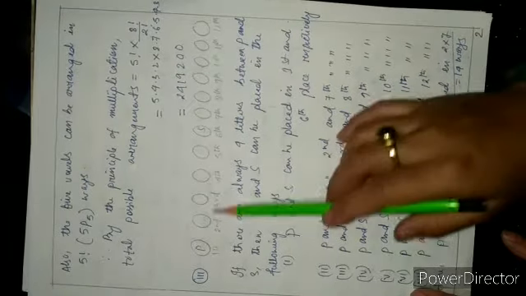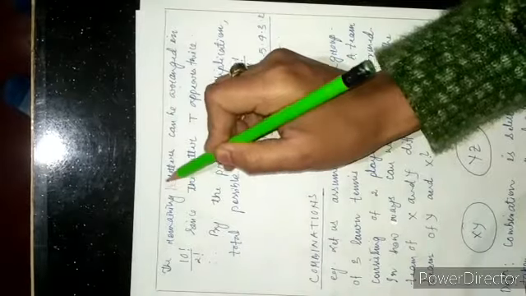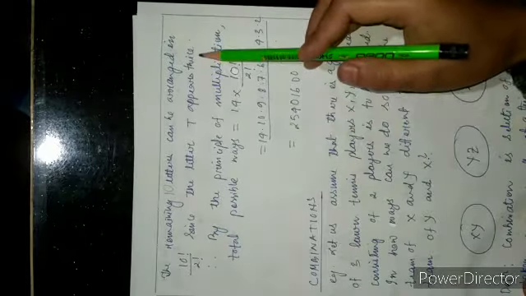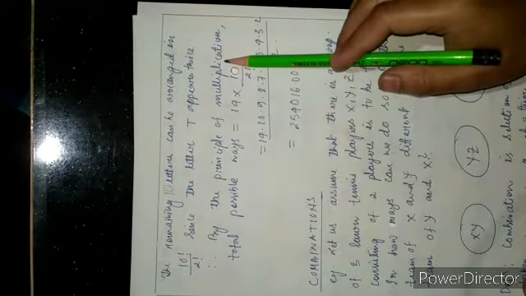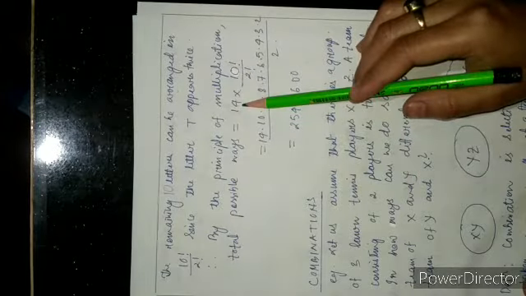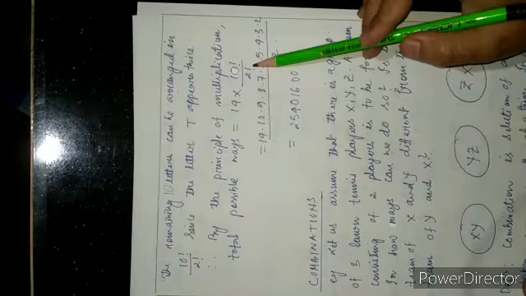After placing P and S, the remaining 10 letters can be arranged in 10 factorial by 2 factorial, since the letter T appears twice. Therefore, by the principle of multiplication, the total is 14 into 10 factorial by 2 factorial.